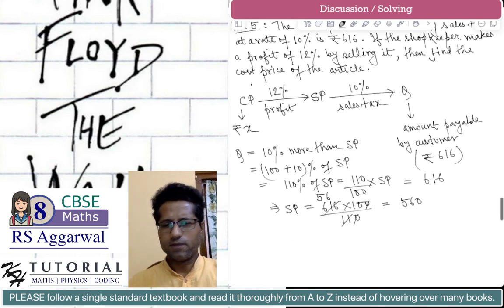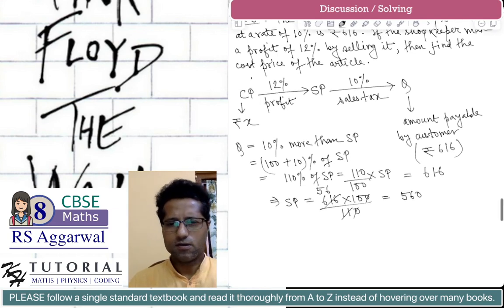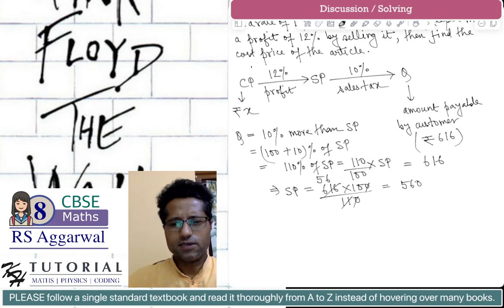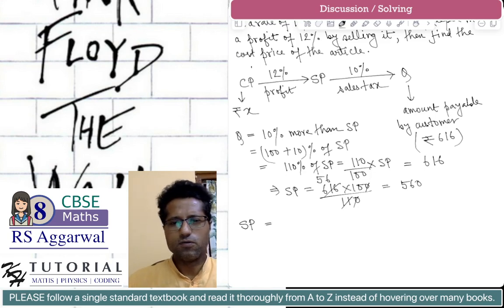Now we know the selling price and the profit of 12%, so we can easily calculate the cost price. Based on the cost price of X and a profit of 12%, we can say SP is 12% more than X, the cost price.